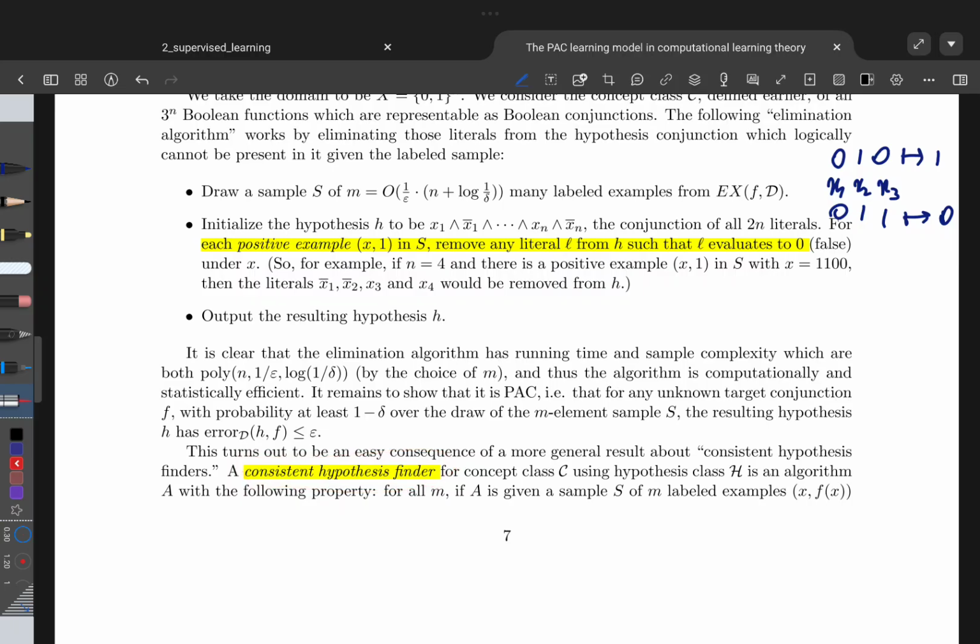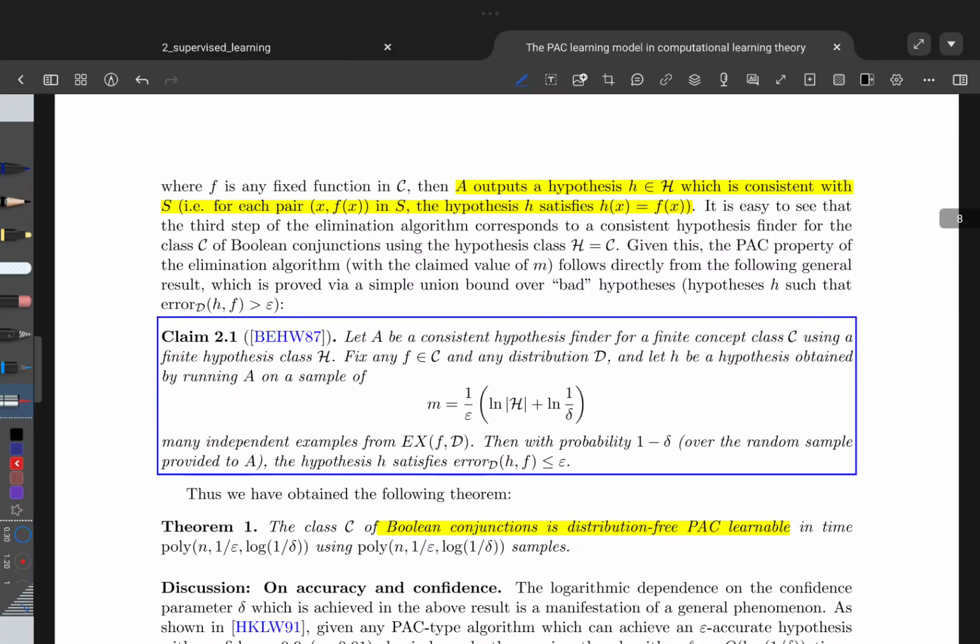You can show with just a little bit of thought that this is in fact an empirical risk minimizer, and more importantly, it achieves an empirical risk of zero. And that's a rather important observation.